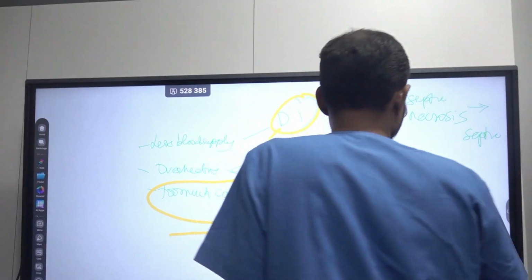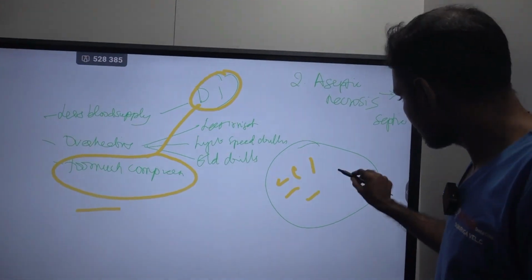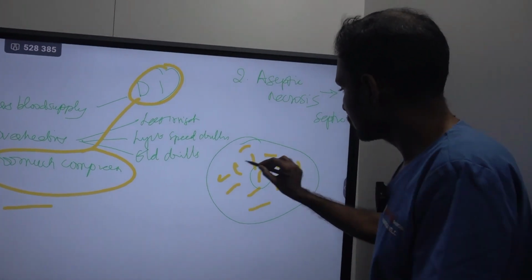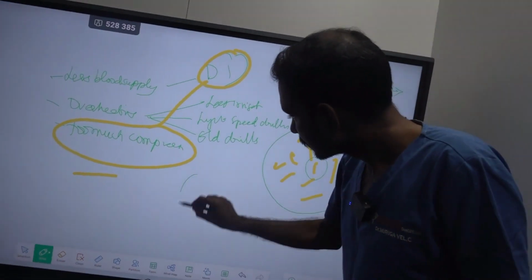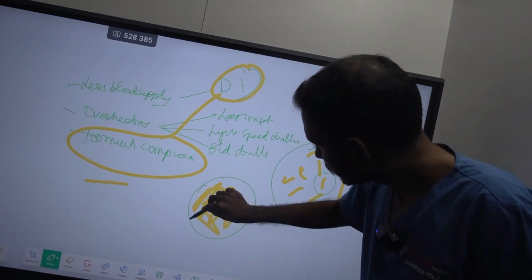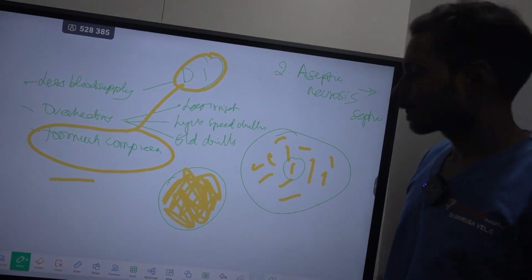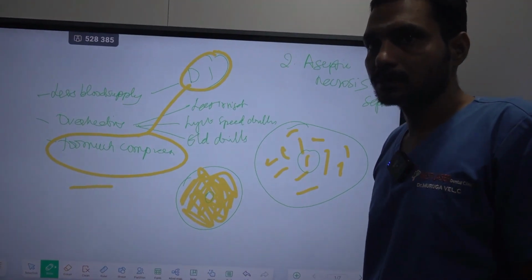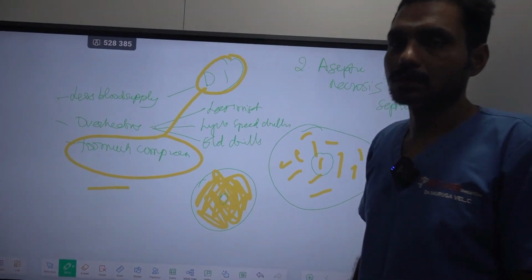See, imagine this is a D3 bone, there are a lot of spaces. If you put the implant, this yellow color is no bone, so they will compress. In D1 bone it will be like this. If you do a 2 mm drill and put a 4 mm implant, how will the bone compress? There is nothing.